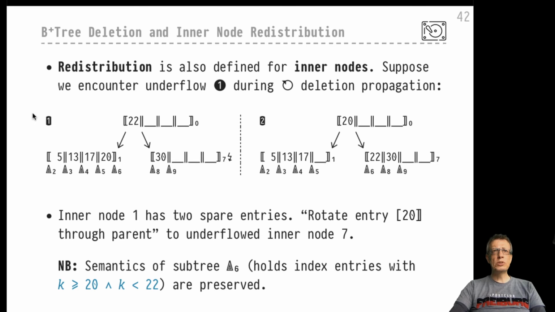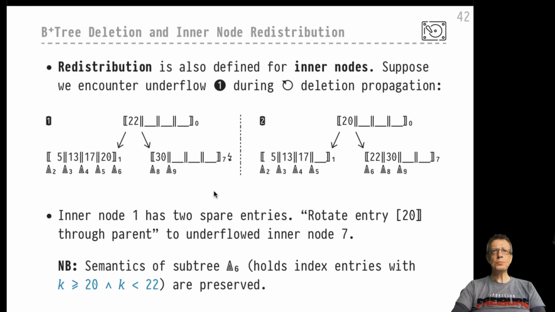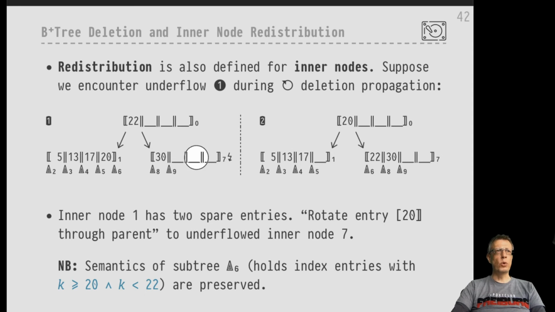So assume situations like this, probably some deletions have happened in this right hand side part of the tree. And recursive deletions and the removal of separators have led to a situation in which this inner node has gone down with its occupancy to a single entry.